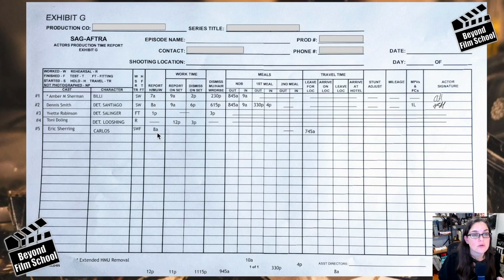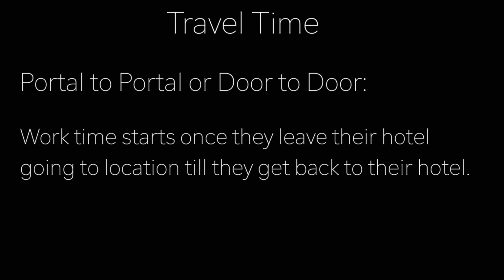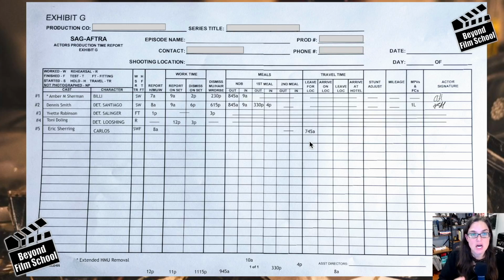Since he is traveling and getting travel time and coming from LA, it's what's called portal to portal, meaning his work time starts when he leaves his house or his Airbnb or the hotel, and then gets back to it. He's constantly working even when he's in a van going back to his hotel. So 7:45 is when the NDB clock starts. You have 2 hours from 7:45 instead of 8 o'clock to give him an NDB.